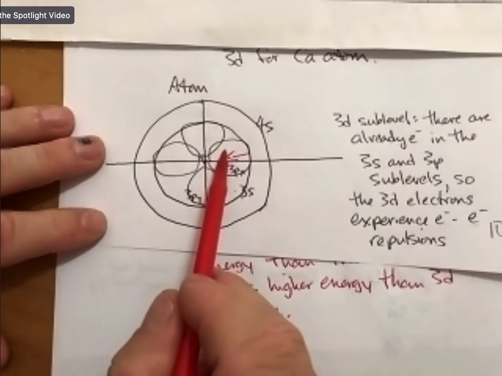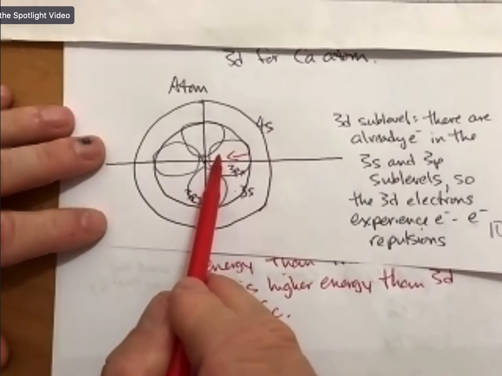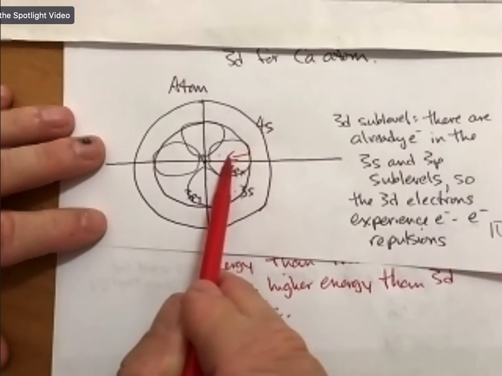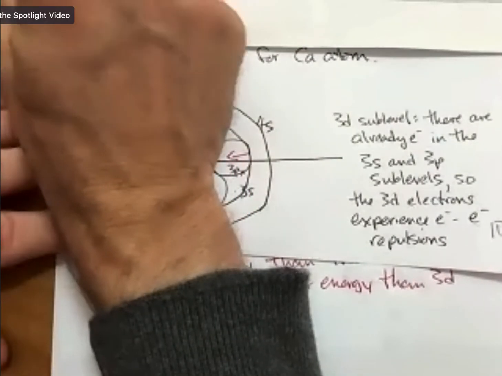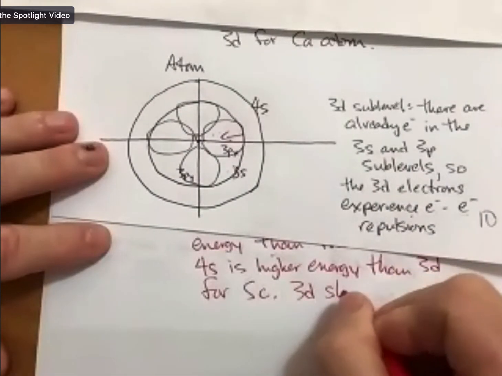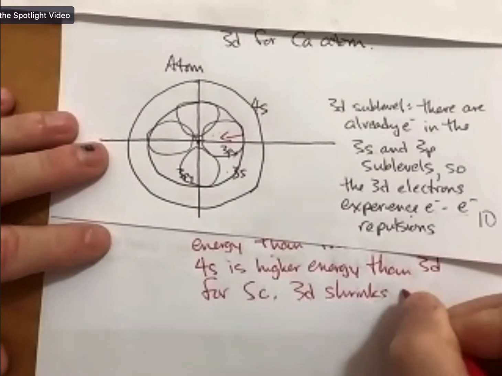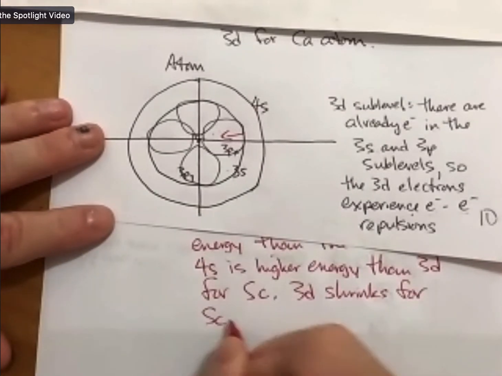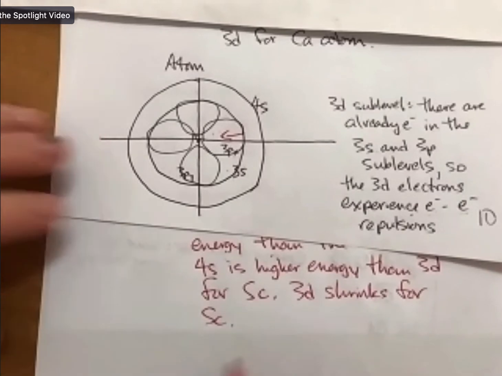And that's what makes 3D become lower in energy, is the 4s stays the same size, but 3D shrinks as you go from calcium to scandium. So 3D shrinks for scandium, and that's why it's lower in energy.